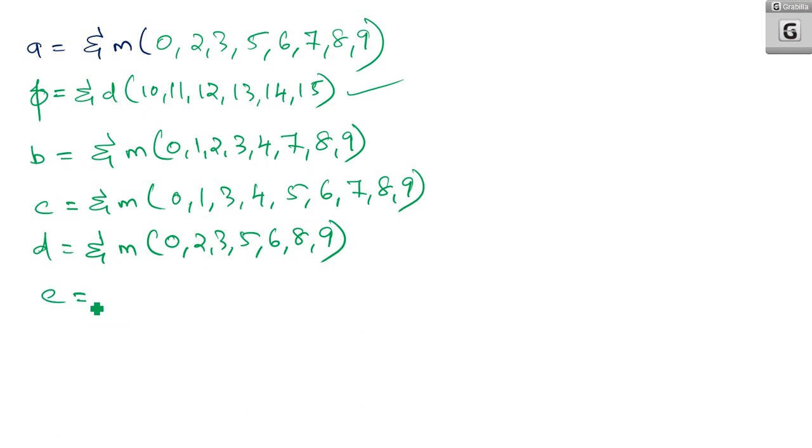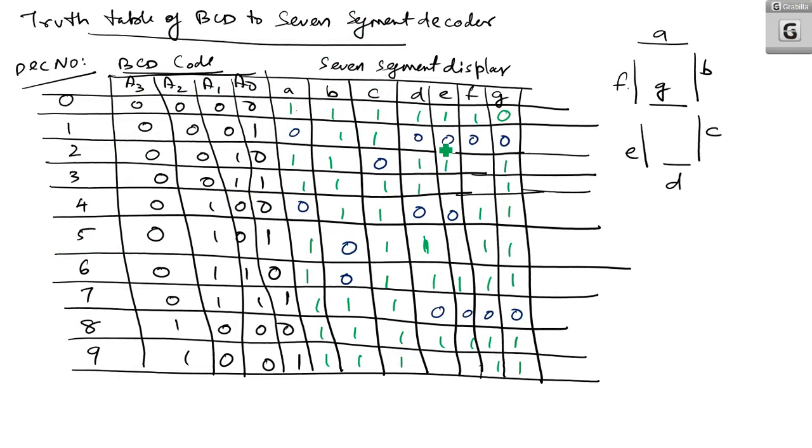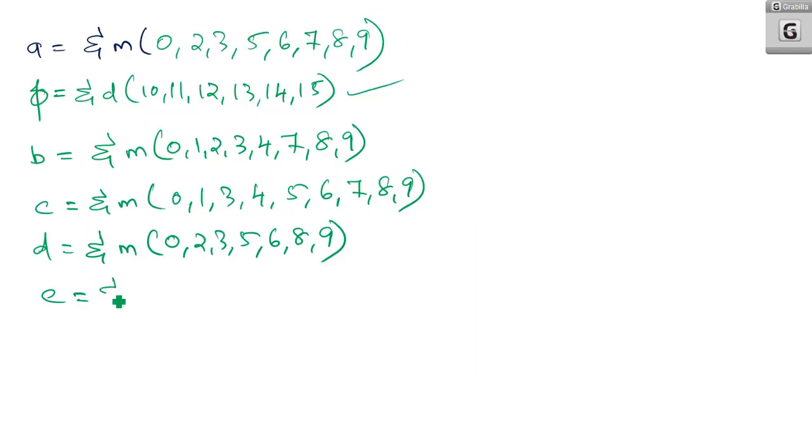Now coming to E. Which things are not there? 1, 4 and 7 are not there. So sigma m 0, 2, 3, 5, 6, 8, 9. So that is E.